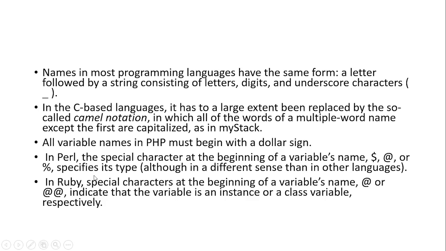And in Ruby, special characters at the beginning of a variable's name, like at the rate or double at the rate, indicate that the variable is an instance or a class variable respectively. If we are using at the rate, it means it is an instance. Double at the rate means it is a class variable.